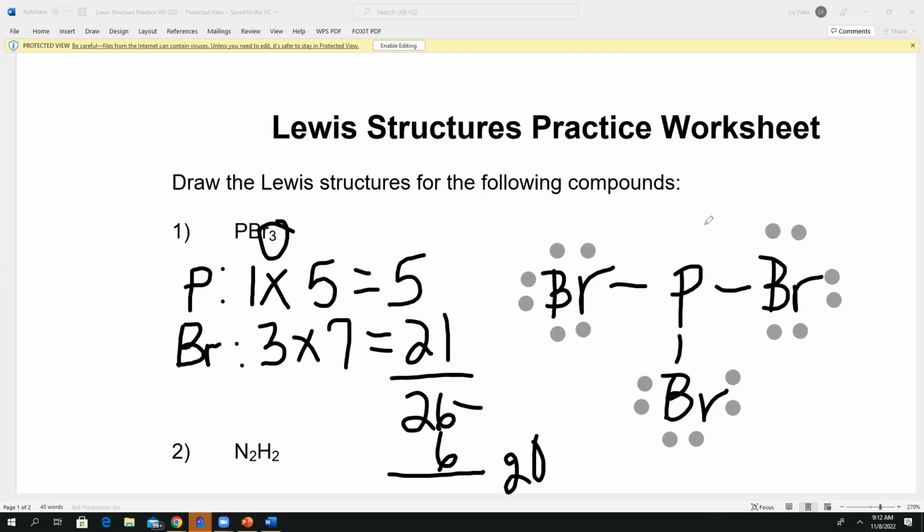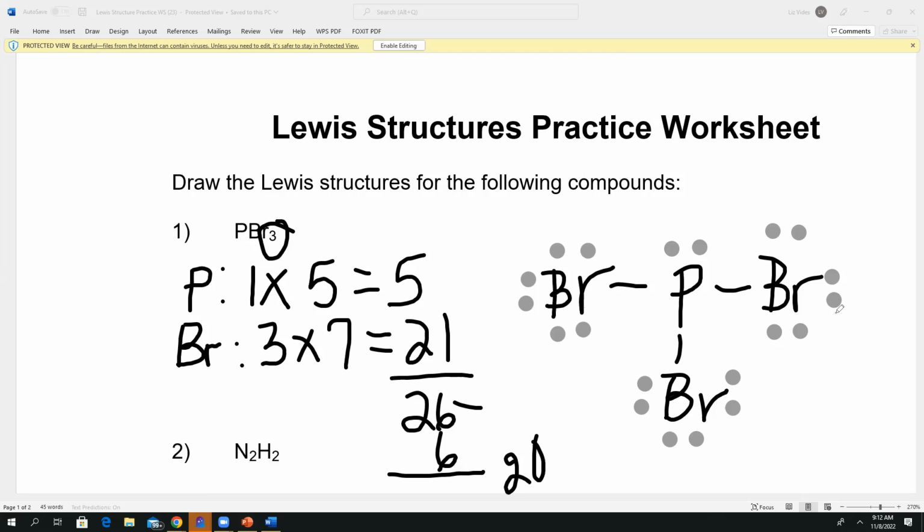And she always says, when you run out, put them in the central atom. And there you go. That is the correct structure for phosphorus tribromide. Sorry, did I say tribromine? Oh my God, sorry, I meant bromide. Yeah, okay, so there you go. That is your first Lewis structure.